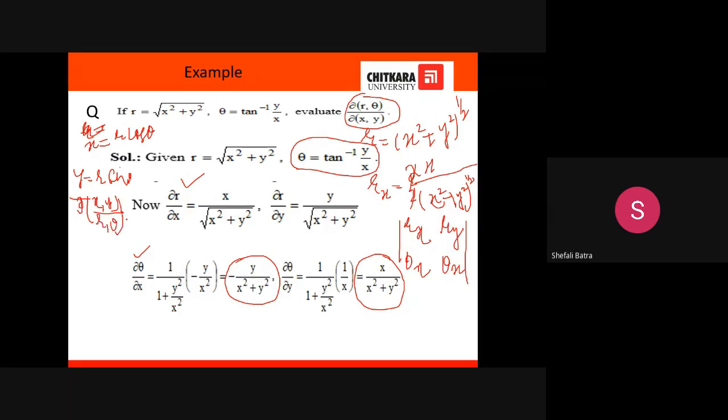When you evaluated this, the answer was r. Then from here, you write, squaring and adding, r is equal to under root x square plus y square. When you divide, sine theta upon cos theta, it becomes theta is equal to tan inverse y by x, and when you evaluate, the answer is 1 by r. So one property I have told you, this into this, r into 1 by r, that is equal to 1. One property is proved. Which one?